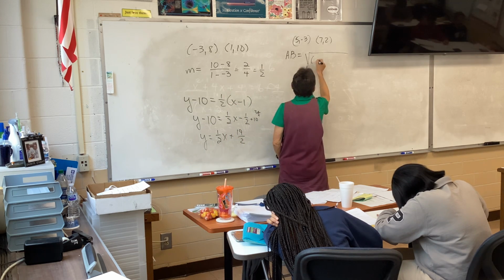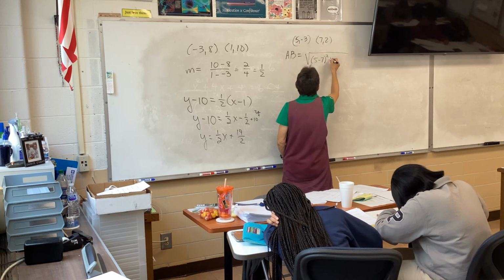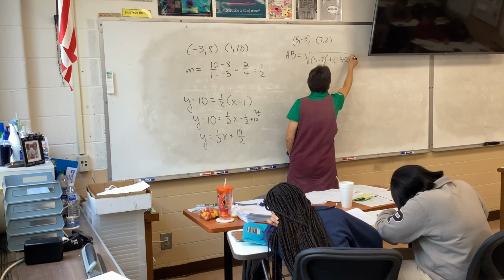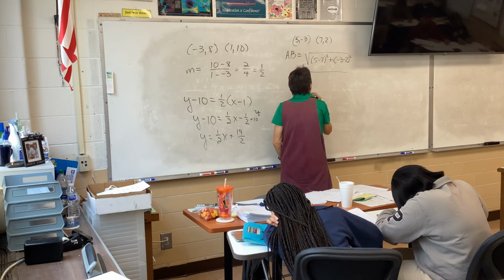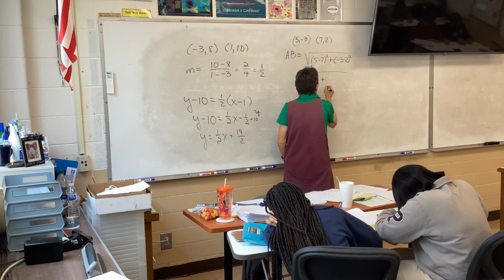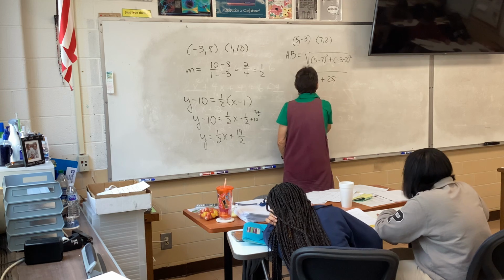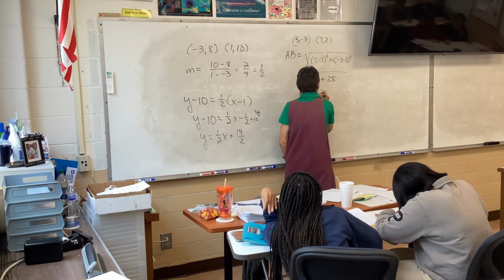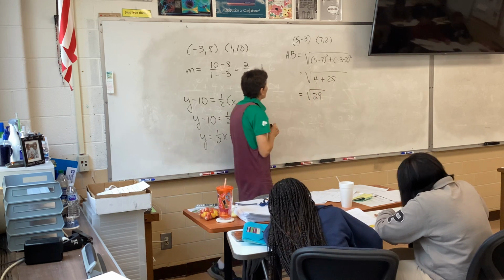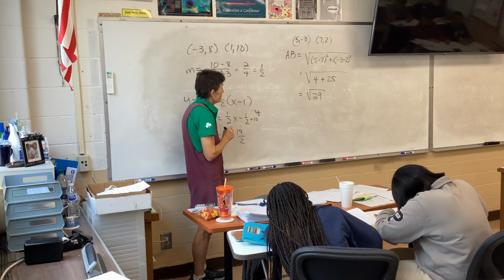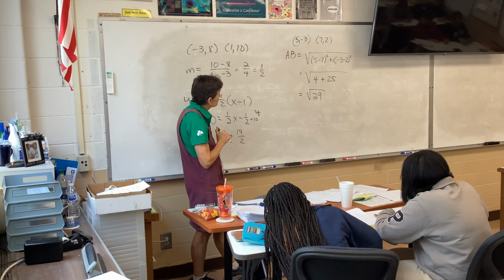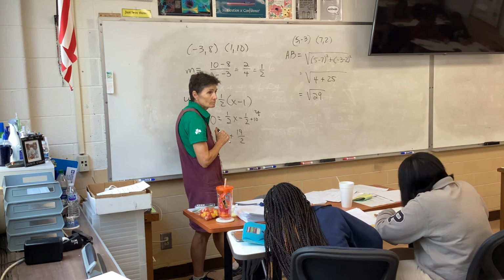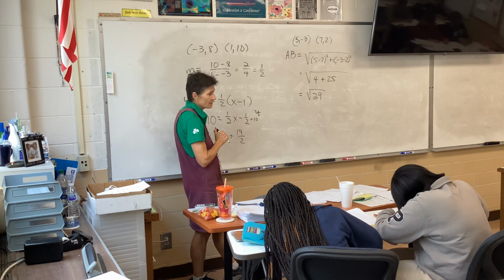So here we go. 5 minus 7, negative 3 minus 2. Do you get square root of 29? Someone nod? Yeah. Thank you.